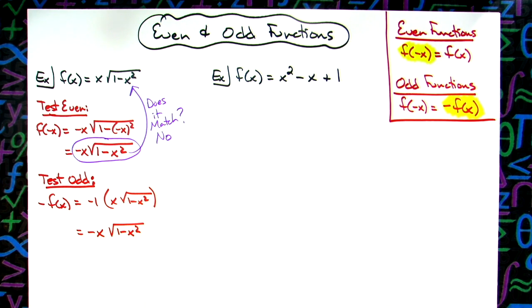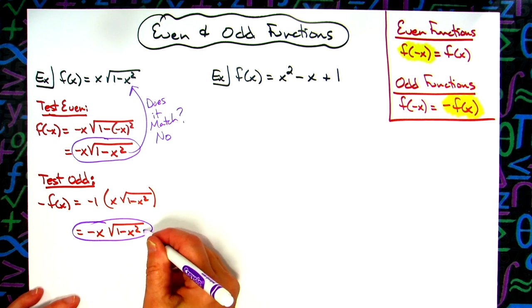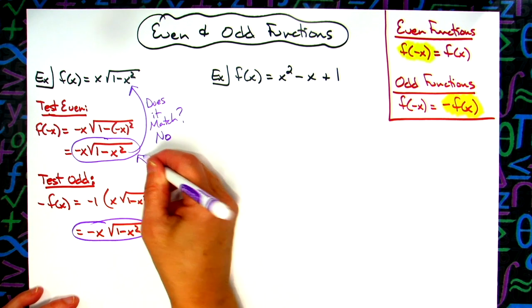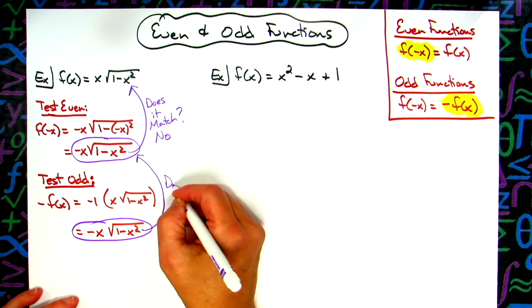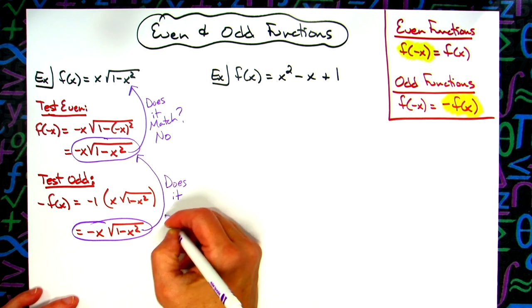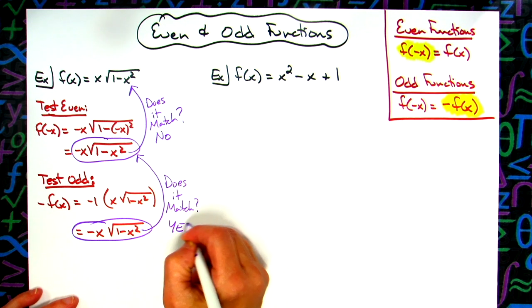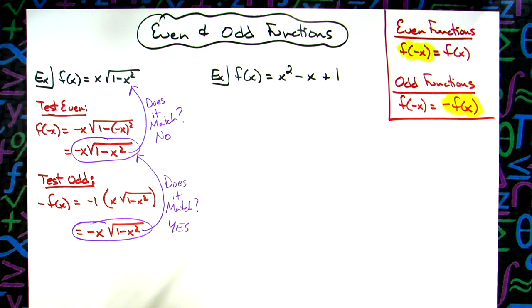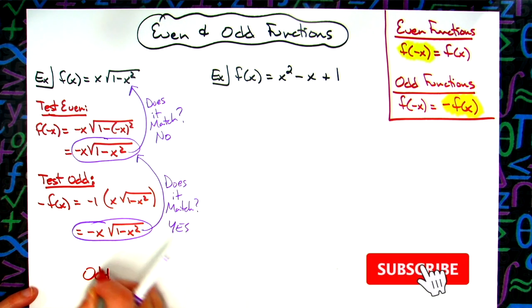Okay, so now I've simplified there. I'm going to look at it and say, does it match the f of negative x? Does it match my previous answer? The answer is yes. So now I can conclude that this function is odd.